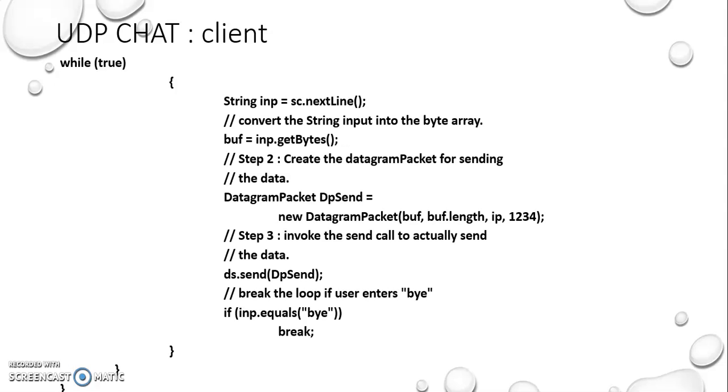So once you have typed some data, or once you have a hello from here, it will be sent through dpSend through ds as the DatagramSocket. Initially you will have the packet which is bound to dpSend, and then it is sent through the ds object, and finally you have a bye, so that it will reach the server. It will break the loop, and as a result it is going to terminate also.